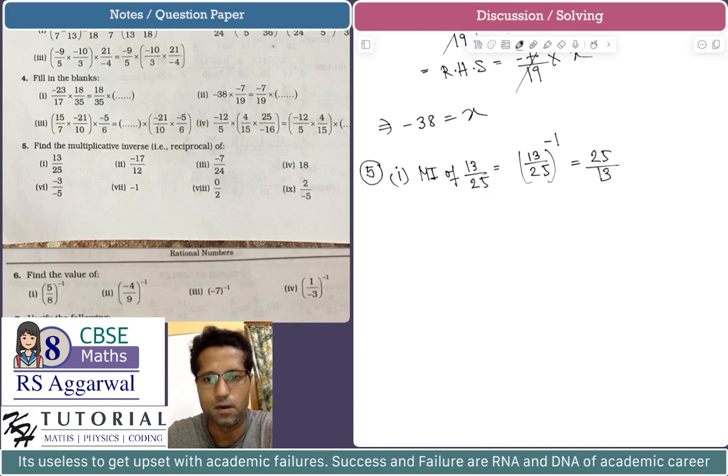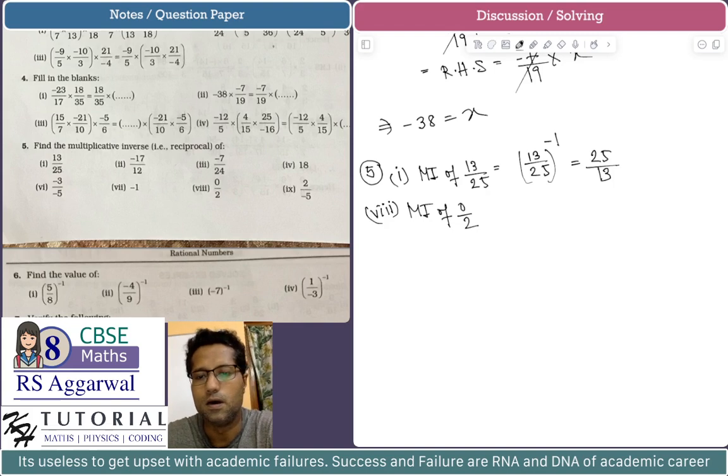What is the multiplicative inverse of 0 by 2? As per the notation, this will be 0 by 2 to the power minus 1, and this should be 2 by 0, which is undefined.